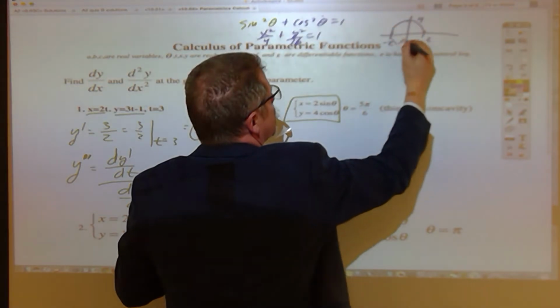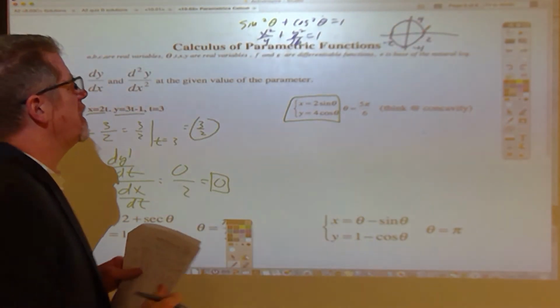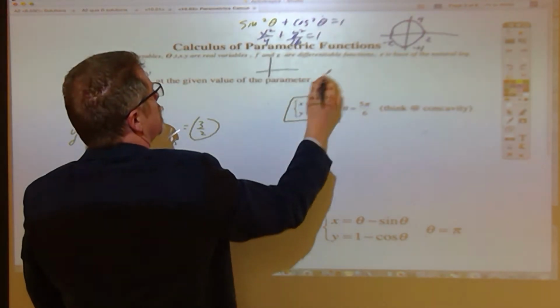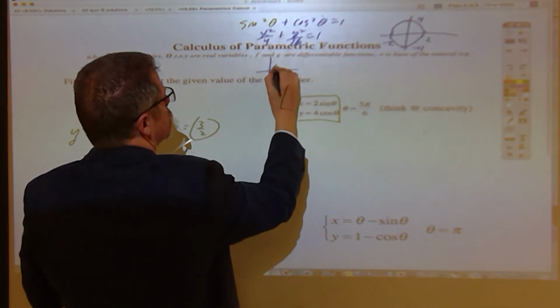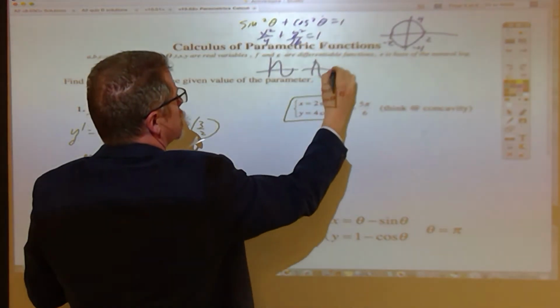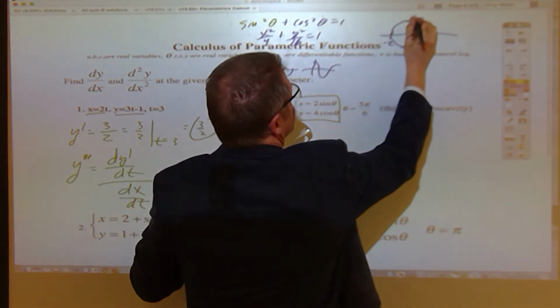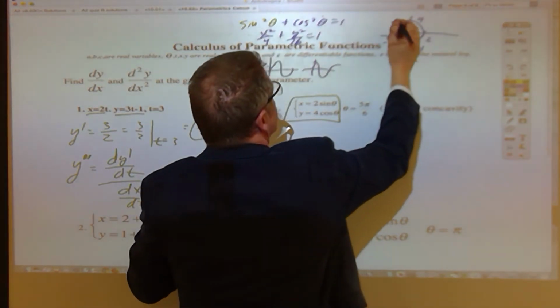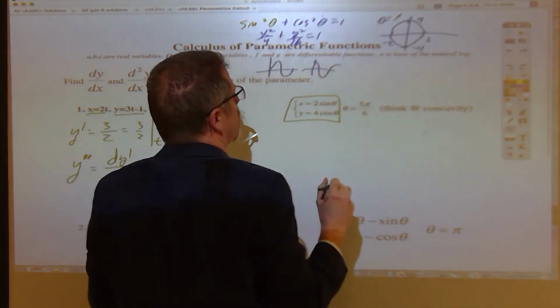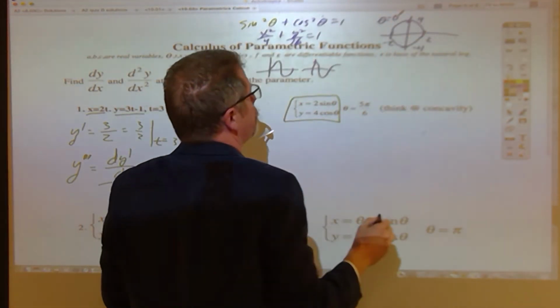Let's draw the ellipse. And by the way, if you look at the x versus t and y versus t, x versus t is 2 sine theta, y versus t is 4 cosine theta, so it starts at the point 0, 4. So we're starting up here when theta equals 0.